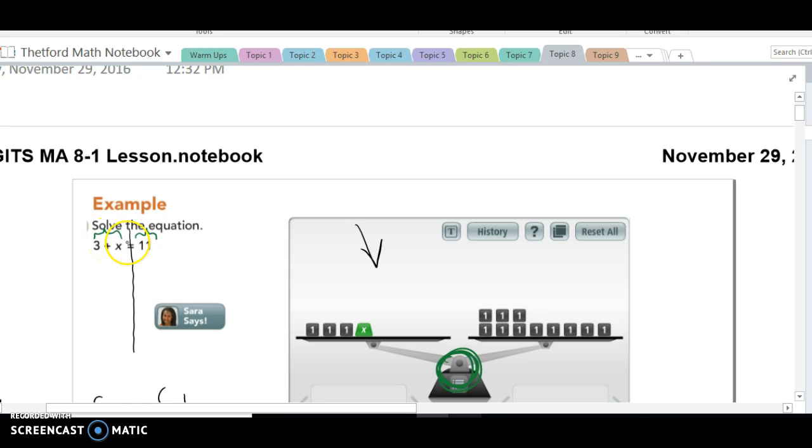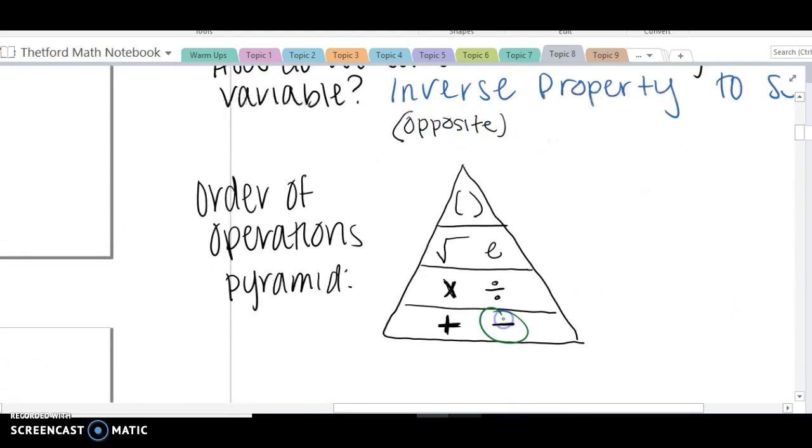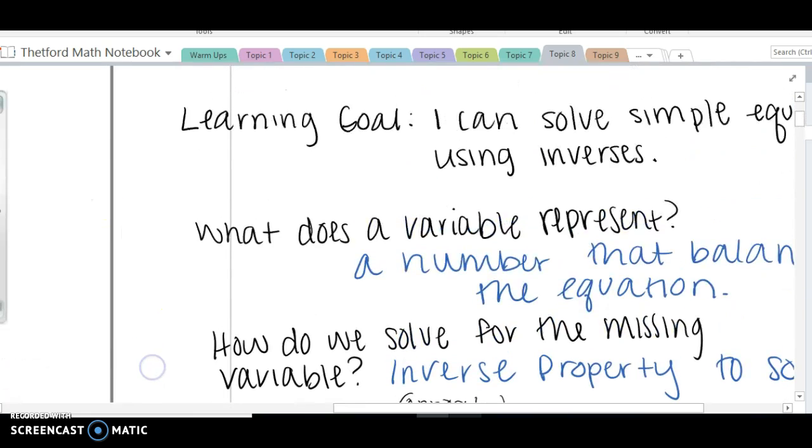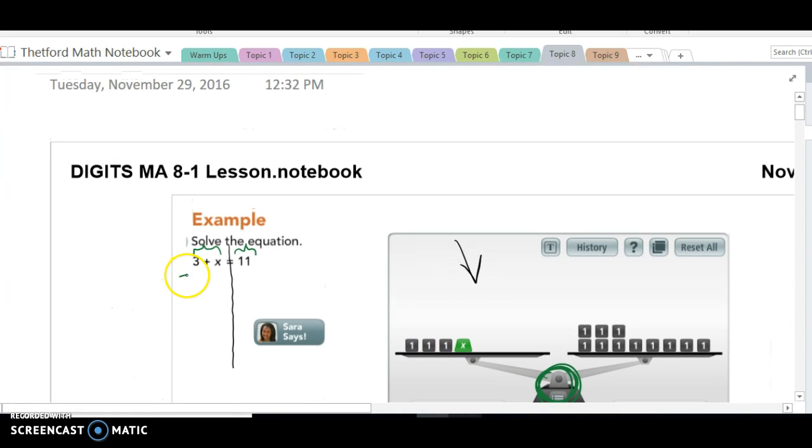Now we have to see, what is happening to x? Right now, we are adding 3 to x. What's the opposite of adding? The opposite of adding is subtracting. So we are going to subtract 3 from both sides.